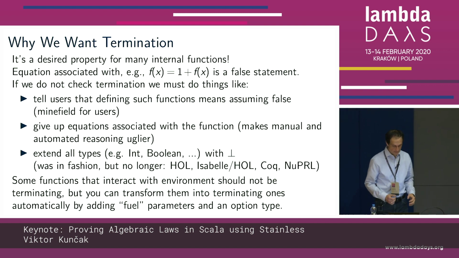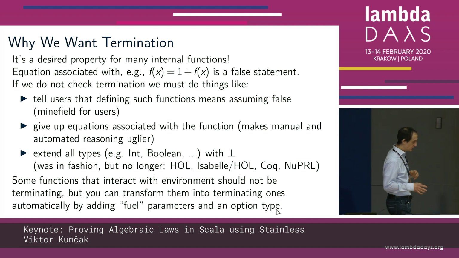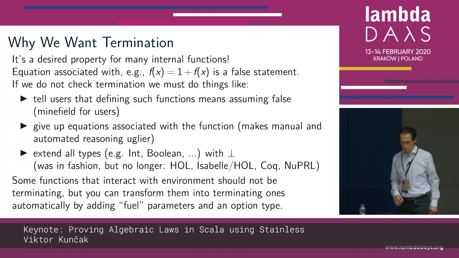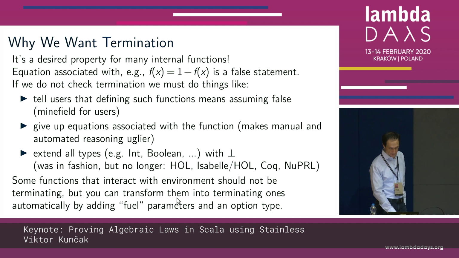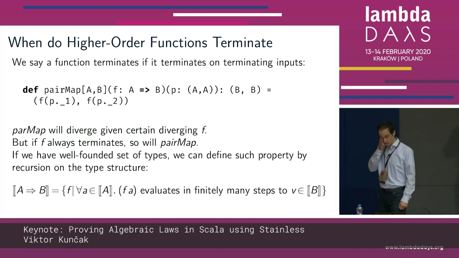And then you might as well model it semantically by adding some fuel parameters and an option type. So in that sense, you can recover the meaning of these functions in a system that requires termination. So for all these reasons, I think it's not a bad choice to require termination.